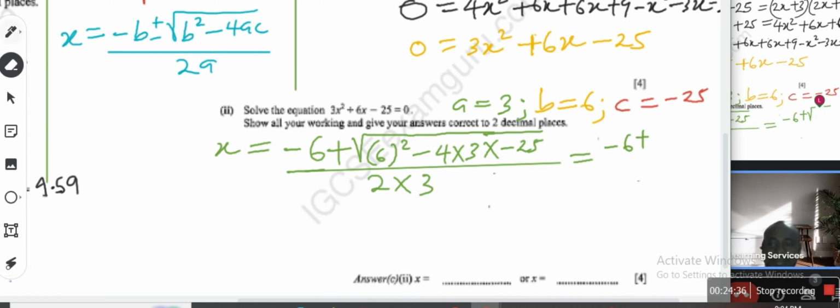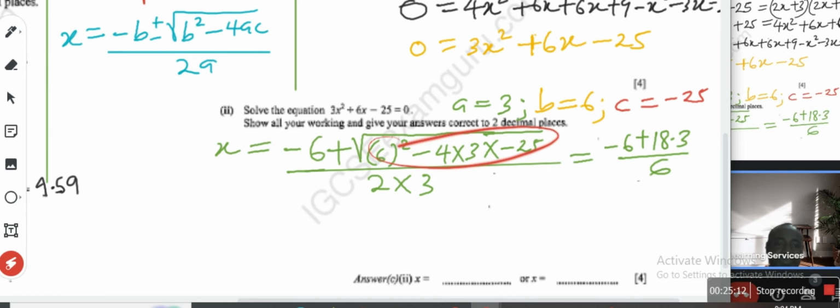Let me just write it down. But I wanted only what is inside the square root. You've already found the square root. I just wanted 6 squared, that's 36, minus 4 times 3 times minus 25. I wanted only that. But no problem. Don't worry, you've already solved what is inside the bracket. That's inside the square root. So finish up. You can just do this now.